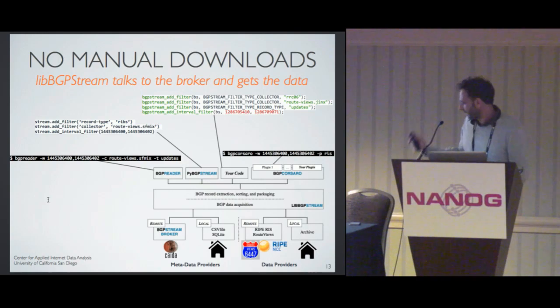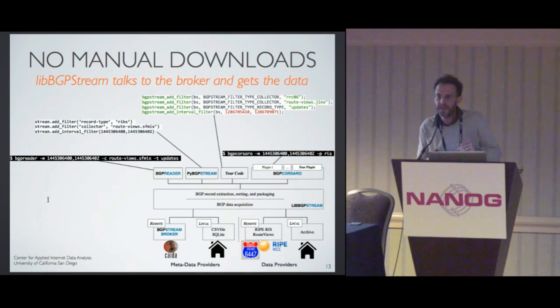Instead, I would like to use the few minutes left to give you a concrete example of what it means to make it easy with BGP, why BGP Stream makes it easy for you to access the data. So here in this slide, there are either the command line used by the command line tools or the few lines of code used by the C and the Python API that the user uses to specify which data he wants to access.